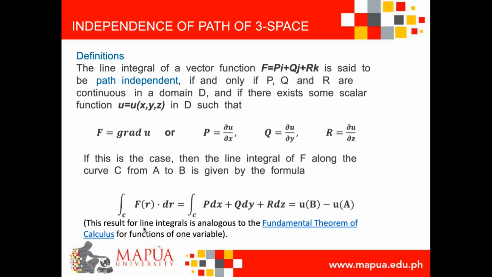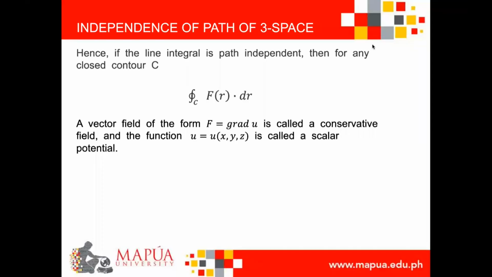This result for line integrals is analogous to the fundamental theorem of calculus for functions of one variable. Hence, if the line integral is path independent, then for any closed contour C, we have the following integral notation.